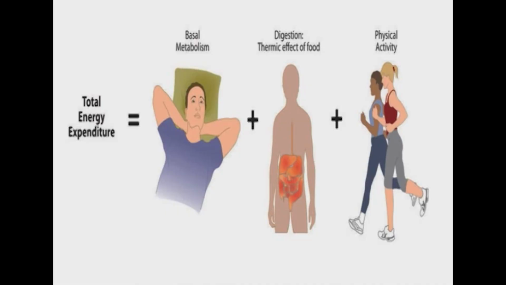The energy required to power physical activity, meaning all the muscle movements, and the energy that is released as a result of the thermic effect of food. It is the process of increased energy expenditure, and therefore heat release, that inevitably occurs between 1 to 3 hours after a meal due to the stimulating effect that the nutrients of food have on metabolism in general.